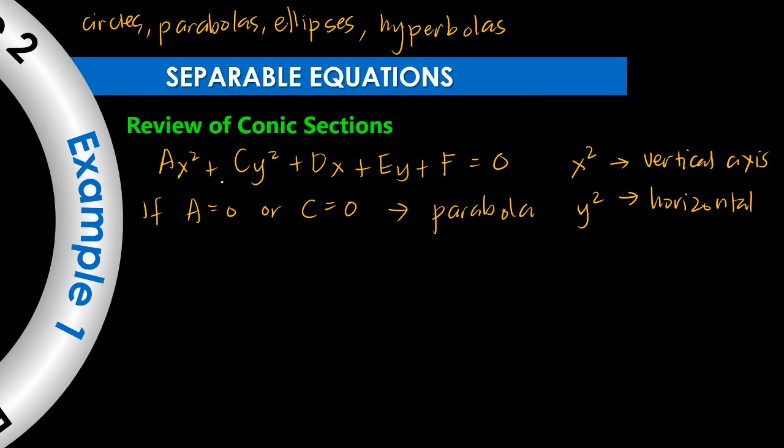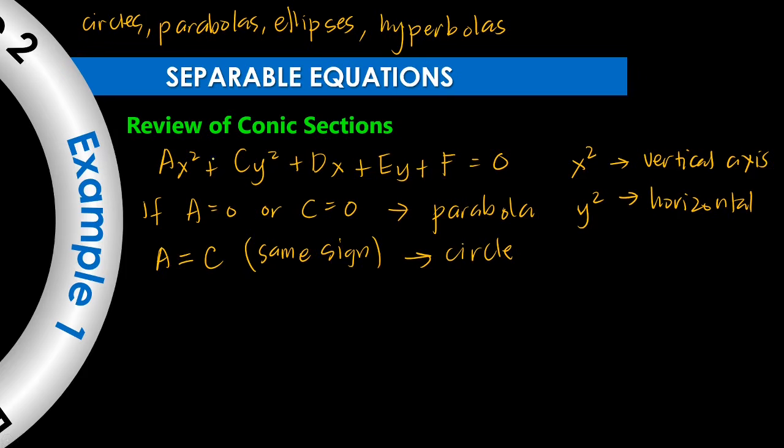Next, how do we know if the conic section is an ellipse or a circle or a hyperbola? So now let us take a look at the signs of x squared and y squared. If a is equal to c, so the coefficients of x squared and y squared, a and c, are equal and also they have the same sign, then the conic section is a circle.